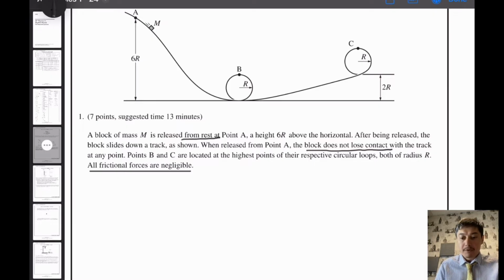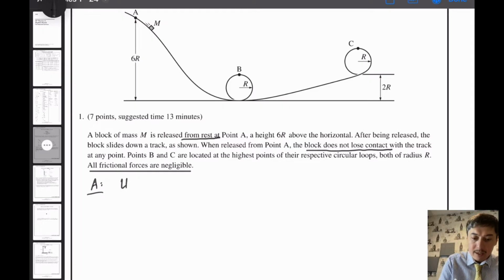All right, before we start again, one more thing is useful to do, which is, this is an energy problem. So let's quickly analyze the energy situation at given points. Let's start with point A. At point A, we have got only potential energy because we are starting from rest, no speed, no kinetic energy.